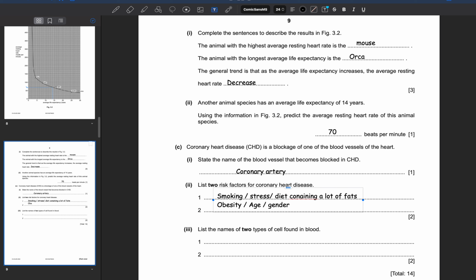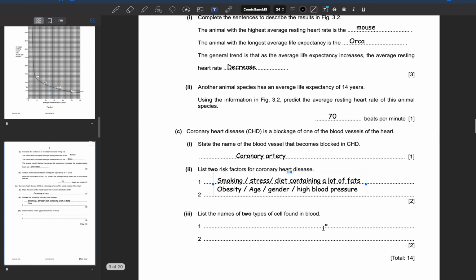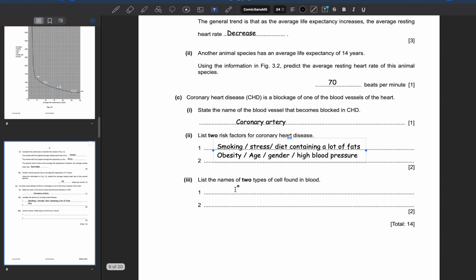High blood pressure. These are the risk factors. I have to write only 2. Of course I won't write all of this, we'll write only 2. We can write smoking and stress, or a diet containing a lot of fats and obesity, or high blood pressure and smoking, whatever. What matters is that we write only 2 of these.